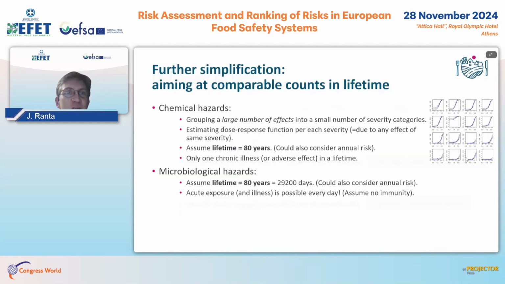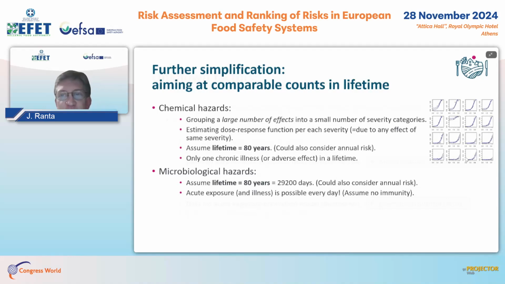And there's even further simplification for chemical hazards, because there can be a very large number of effects. So we actually have a large number of dose response functions, and these could be grouped and combined into fewer ones according to the severities. So it would be possible to calculate the dose response functions for different severity categories instead of each individual effect.